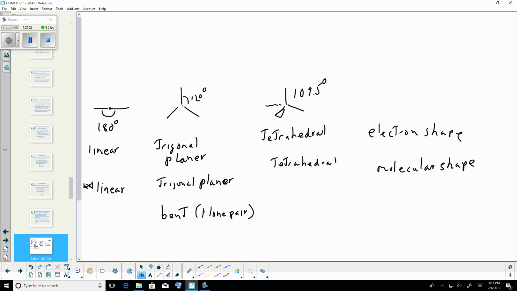It kind of looks like a pyramid, so we call it trigonal pyramidal. That's with one lone pair. But I could have two lone pairs. So again, I don't see these two. I only see this, and I'm back to bent.